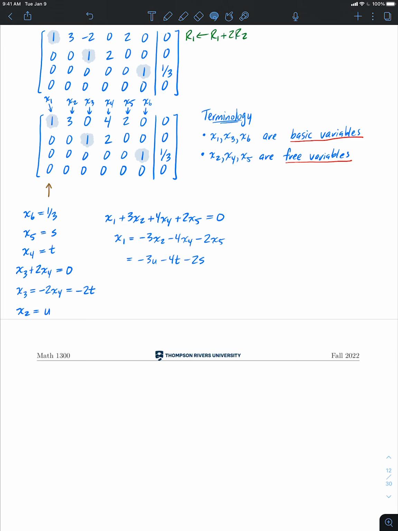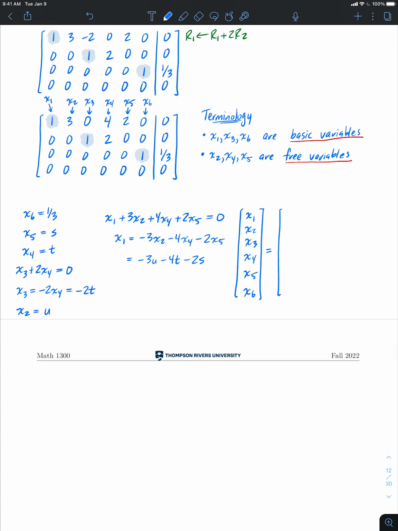So now that we've run through all the columns, we're just going to do what we usually do. I'm going to delete this arrow because we're done with it, and we're going to summarize everything in column form. So we got x1, x2, x3, x4, x5, and x6. And then put everything in.